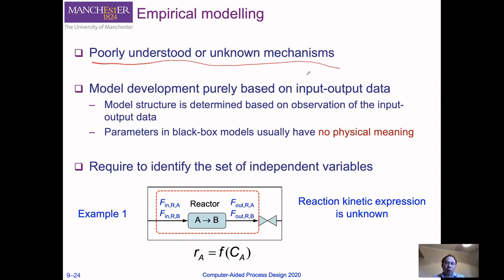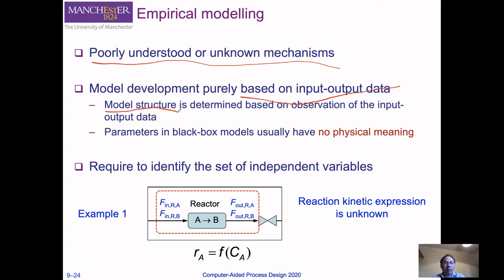This modeling approach is completely based on the input and output data. Based on the input and output data, we can observe some trend of the input and output data, and then we can come up with some model.